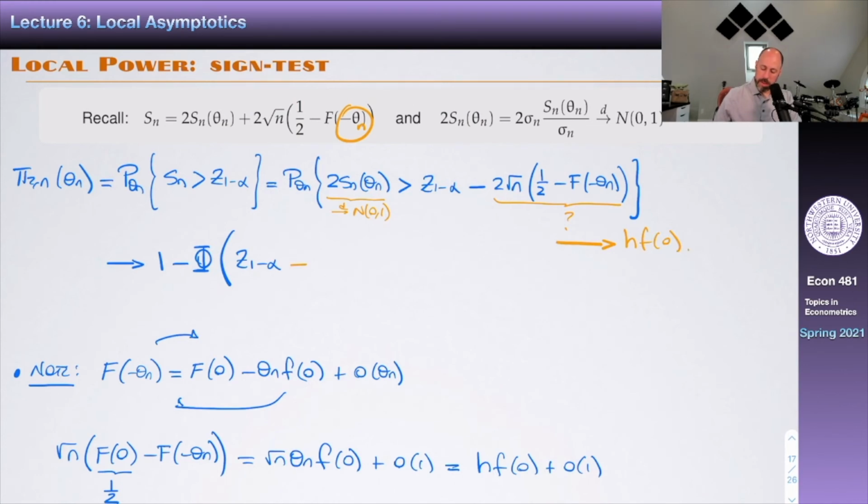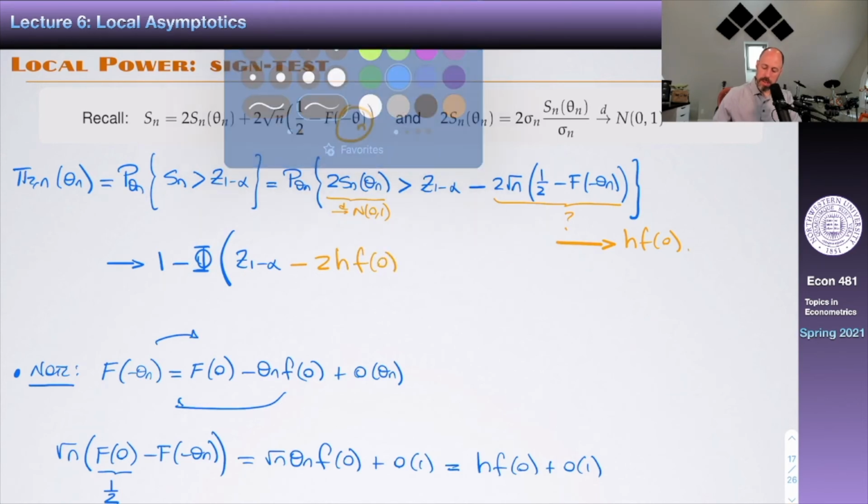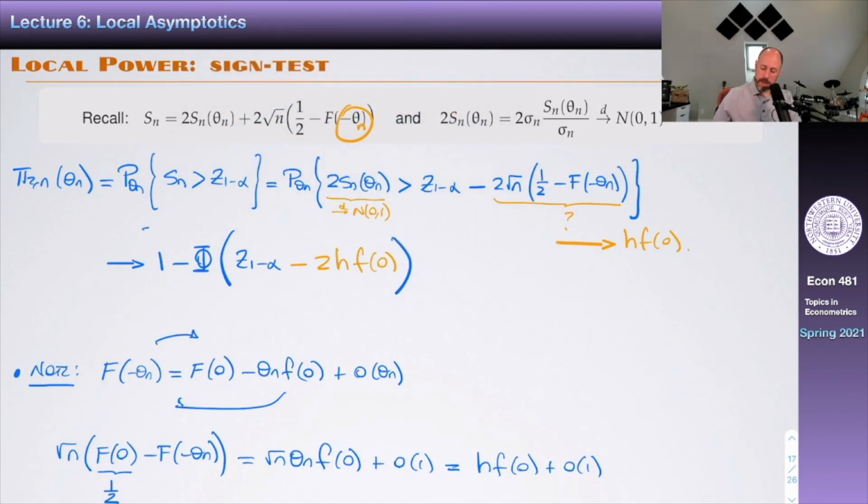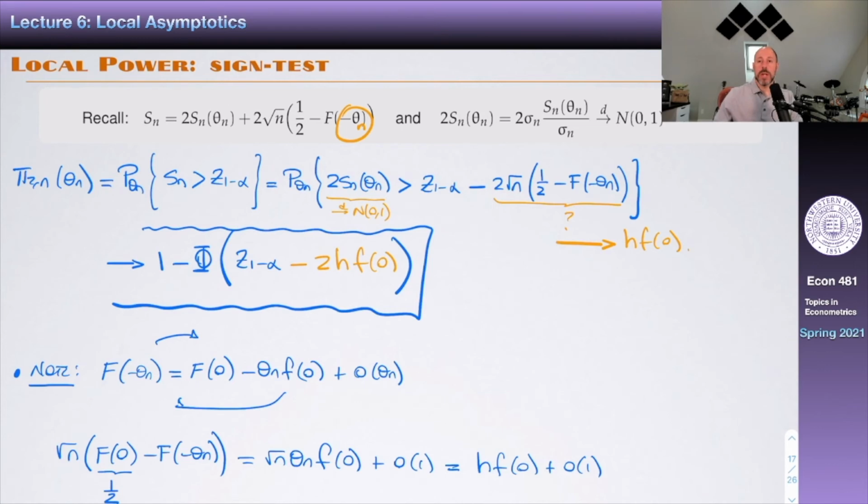And so this is 2 times h times the density at 0. And we have the local power function of the sign test.